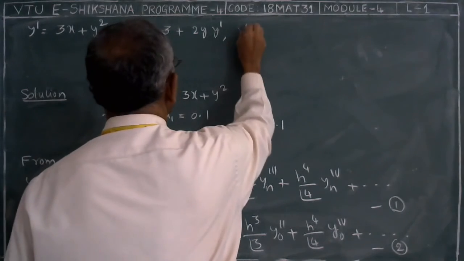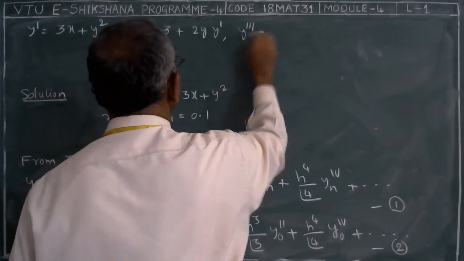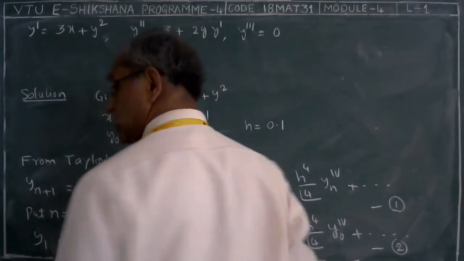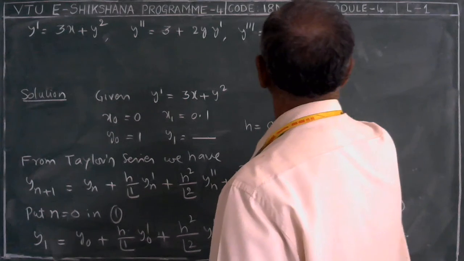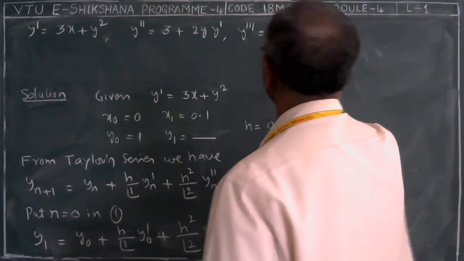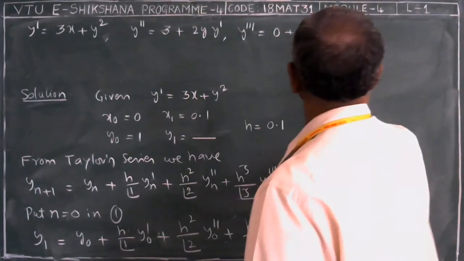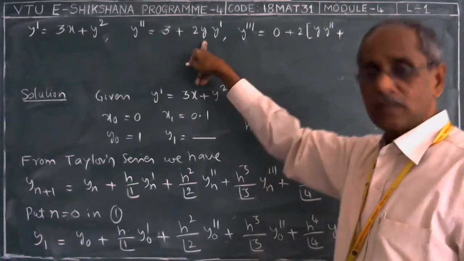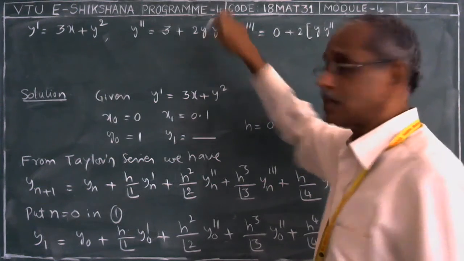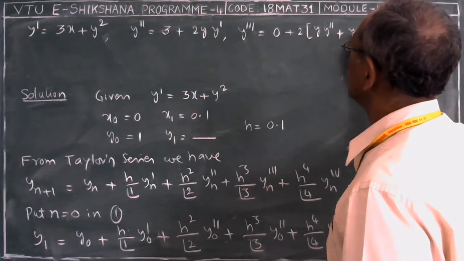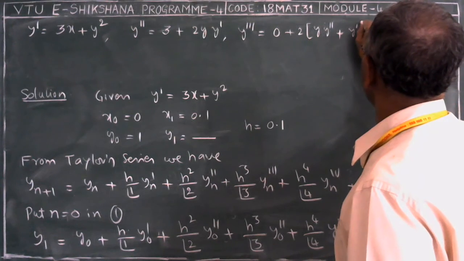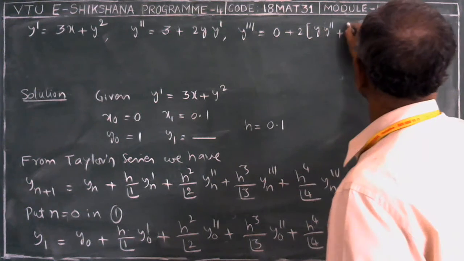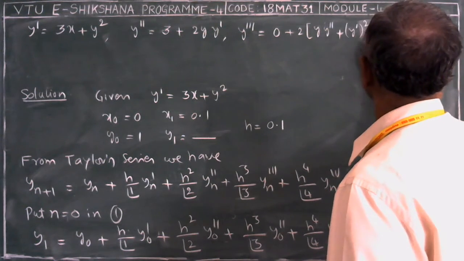Then y triple dash, the third derivative: the constant 3 has derivative 0, plus we apply the product rule here: y into y double dash, y into differentiation of y dash with respect to x, that is y double dash, plus y dash into y dash, that is y dash square.